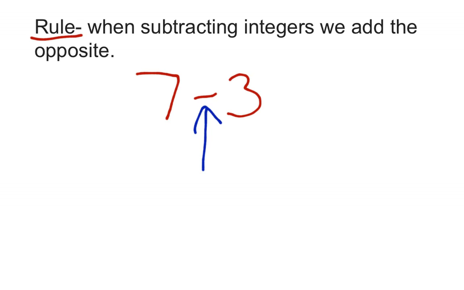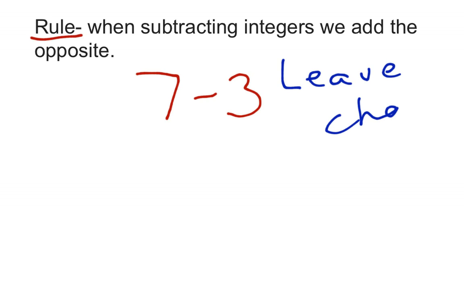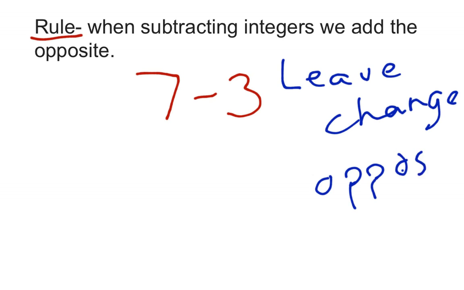And the rule that we're going to use here is this. We are going to use the words leave, change, opposite. And if you can remember this, leave, change, opposite, you're going to know how to do all of these subtraction problems. And here's what it means to do.